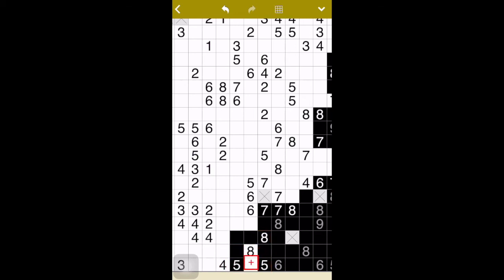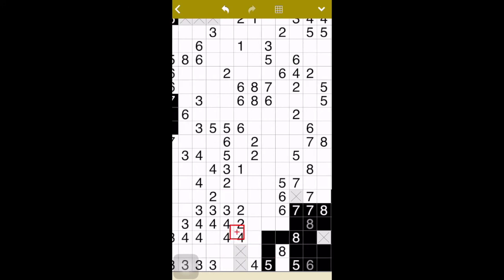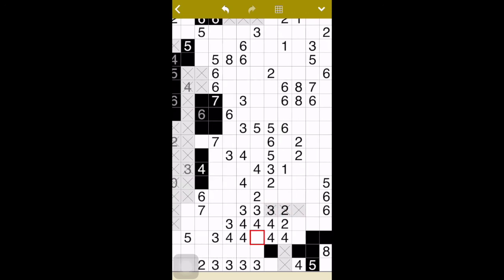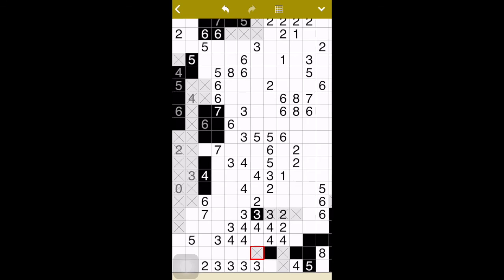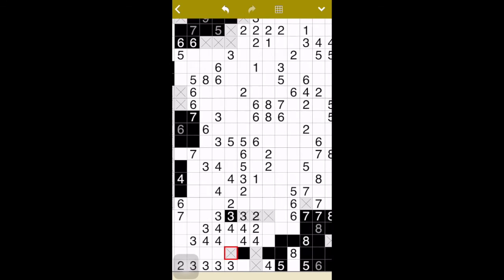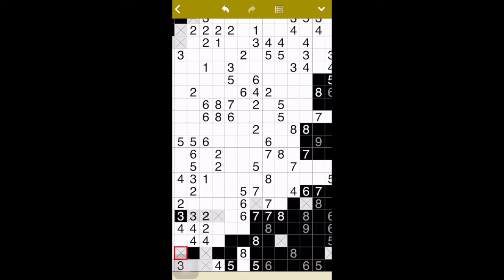One black space here, 5 and 4, right? That, 4 and 2. The same numbers, 4 and 4. The same numbers, 7 and 7.